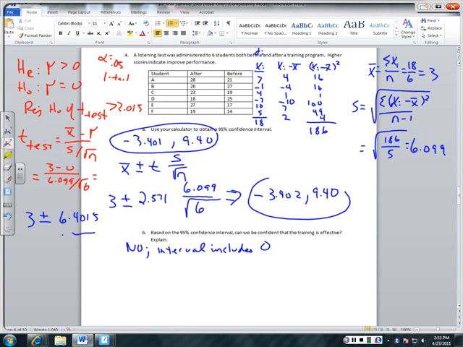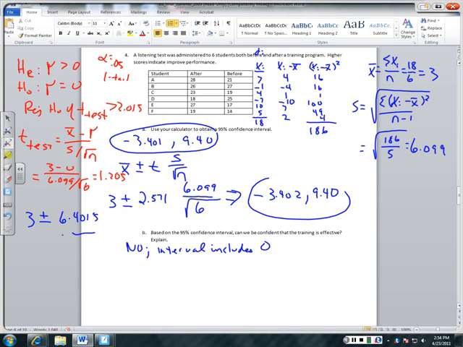And that is equal to 1.205, just to carry it out a little bit further.